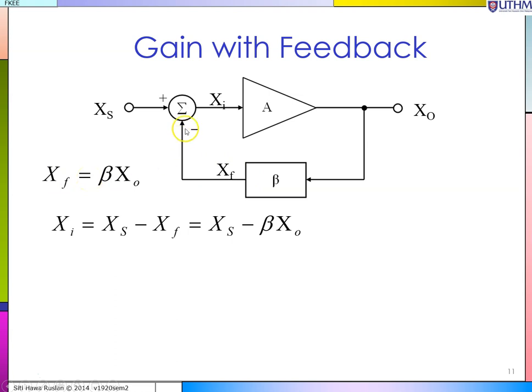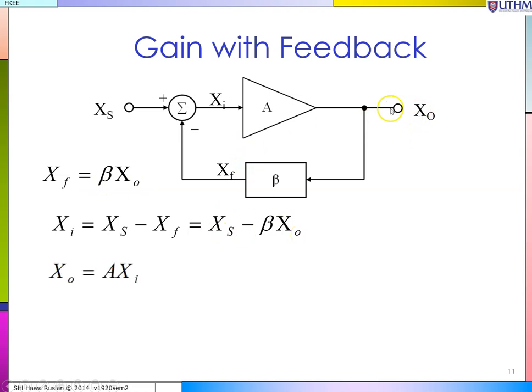And then for Xi, you are summing up the source signal with the feedback. There is a plus and minus, it is opposite phase. So your Xi equals XS minus XF. We defined XF just now as beta XO, so now it is XS minus beta XO.